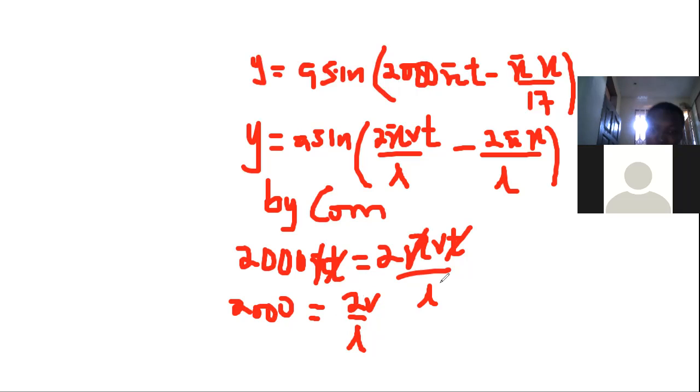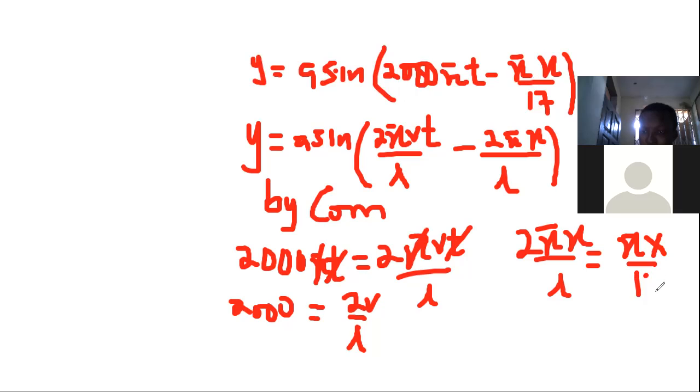That you've already found. Now we can also do this comparison. So we get 2 pi, because they are both negative, so you just ignore them, it will cancel out, all over this is equal to pi all over 17.